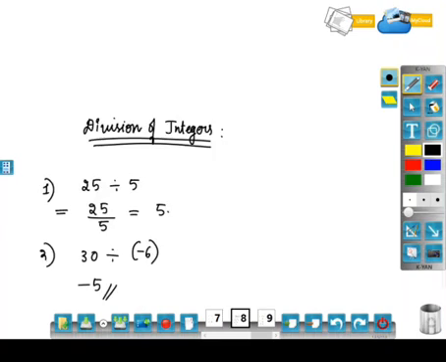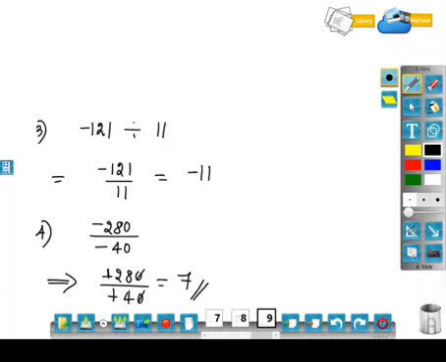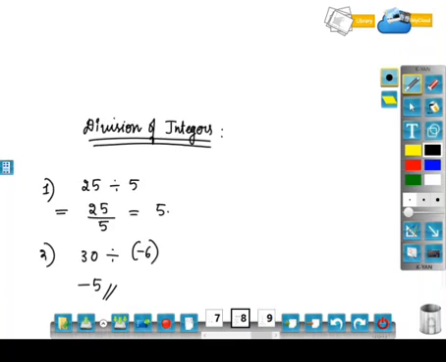Now you can see here we have taken 4 different examples. The first example was 25 divided by 5. Here both the integers are positive. On dividing a positive number by a positive number, the answer will be positive.